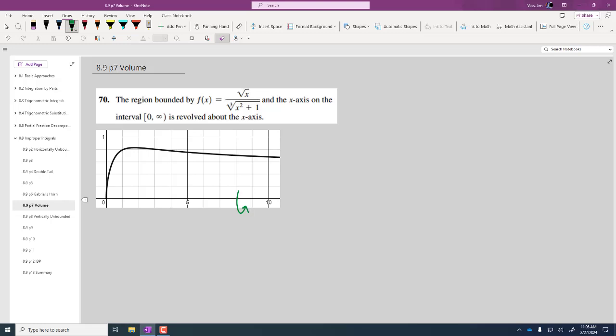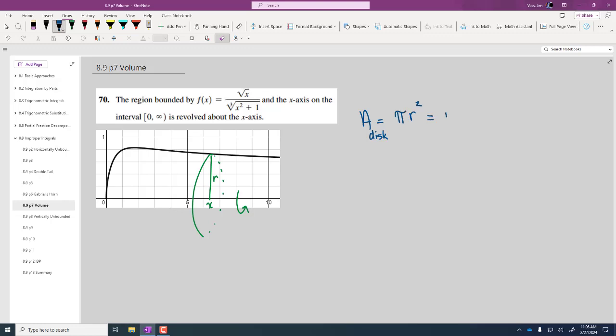We've got this function here. We're going to rotate it around the x-axis, and when we pick an arbitrary x, the disk that's created will have a radius of r. So that disk is going around. The radius is the function. So the area of that disk is pi r squared.